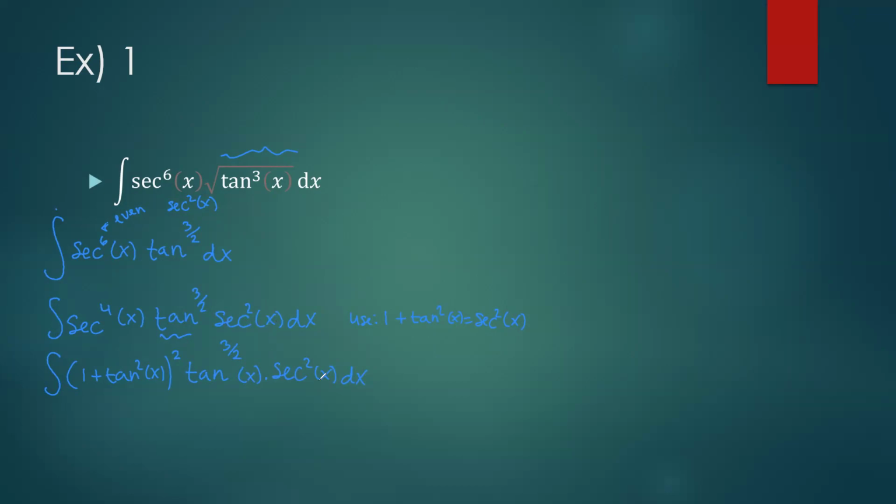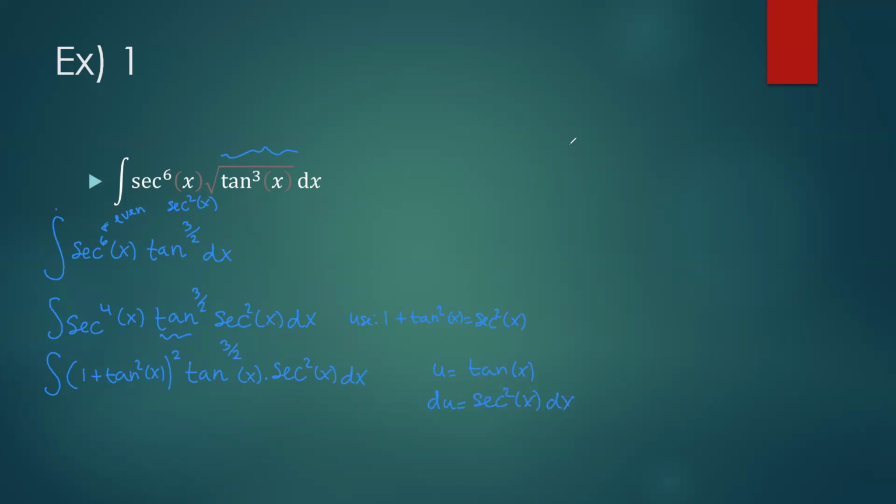Then I'm going to use substitution. I'm going to set u as tan x, and then du would be the derivative of tan x, which is secant squared x dx, right?